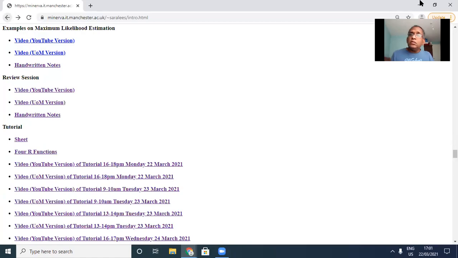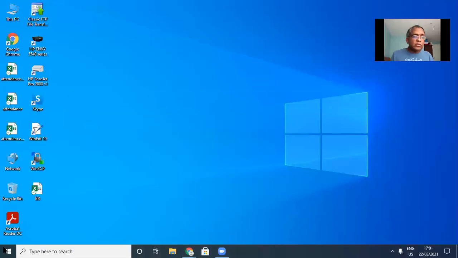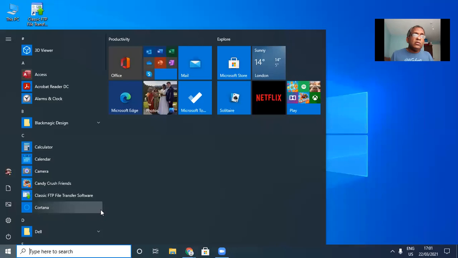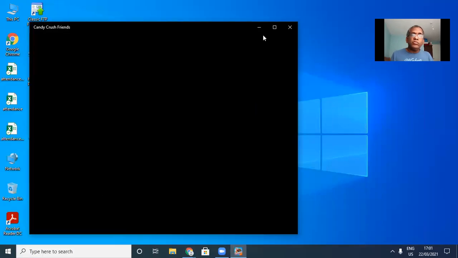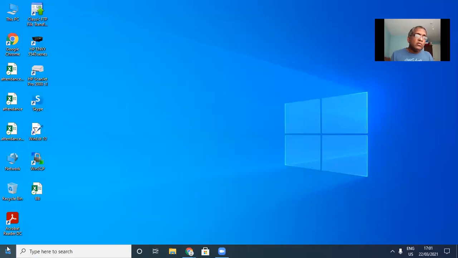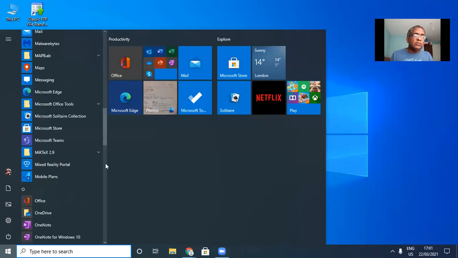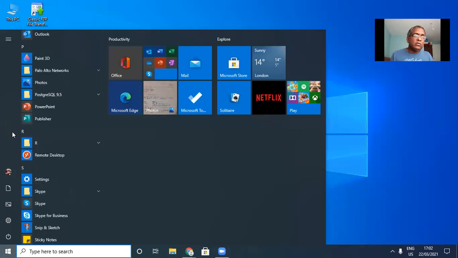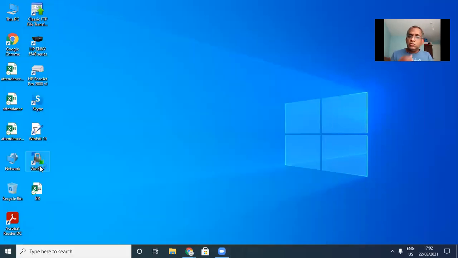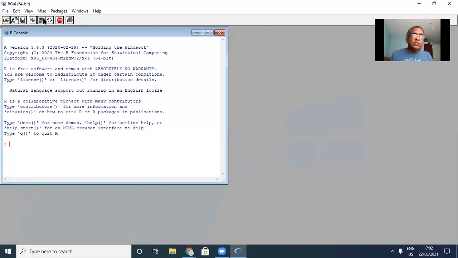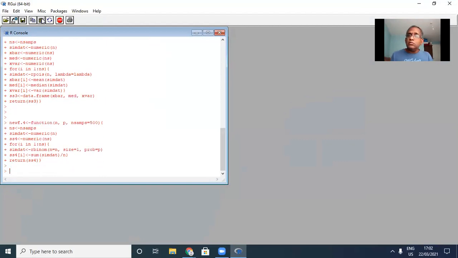Then I open R. To open R, you go into the Start menu, and then you go down the menu and choose R, choose the 64 version, and then you paste the R functions, right?